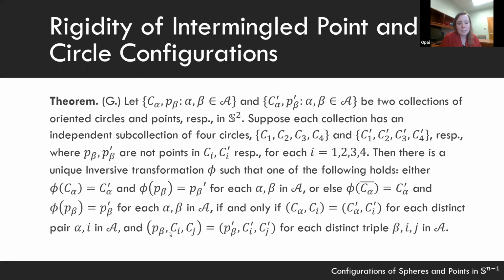The CI and CJ are from the basis of circles. But maybe you only need 3 of them instead of 4.